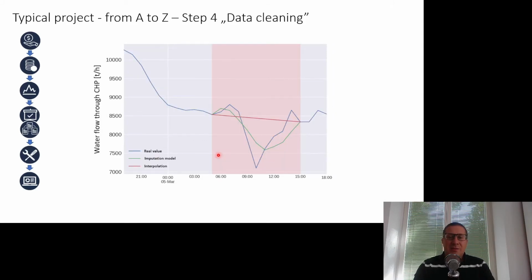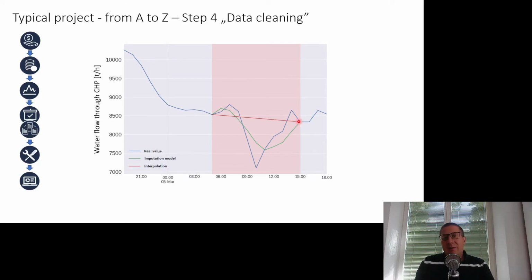And here we have a result. If we just use linear interpolation, we will end up with something like this. The real flow was this one. I don't want to discuss why it was so strange at this time, but it was like this.